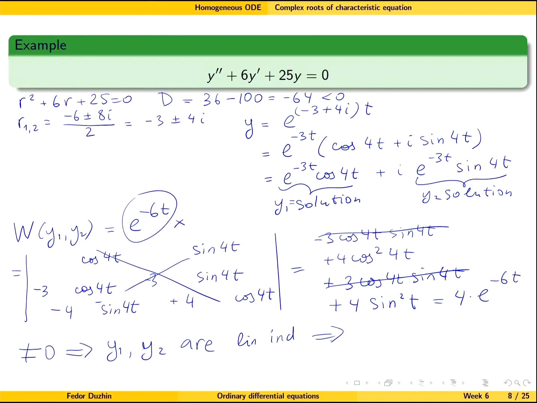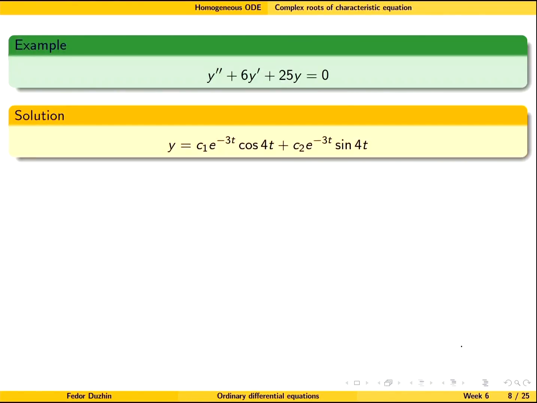Therefore the general solution of our differential equation is y equals c1 e to the minus 3t cosine 4t plus c2 e to the minus 3t sine 4t. You can imagine that this works in the general case too.